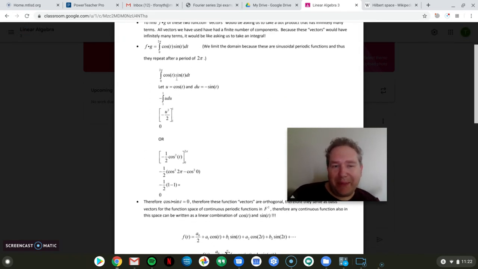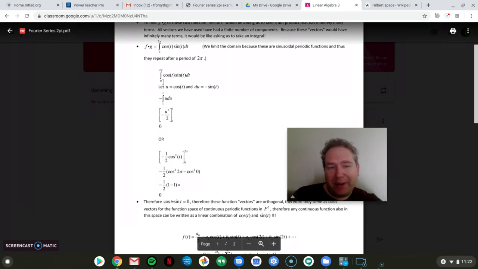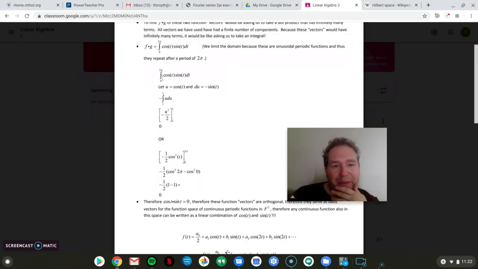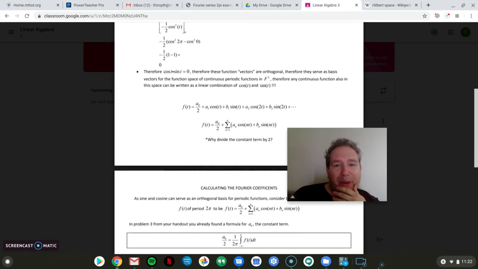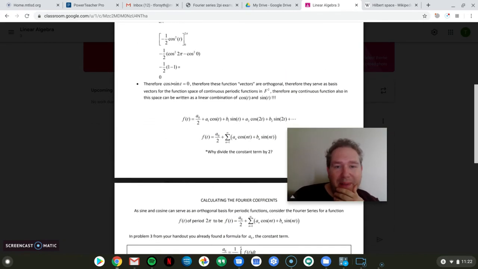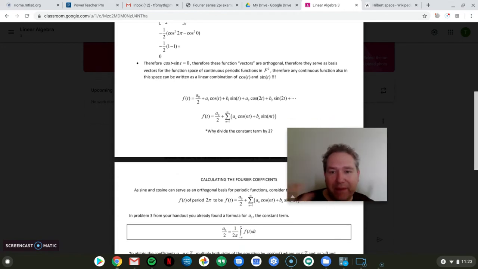This is like a dot product for us, right? We're taking the integral of the product of sine and cosine over all the values from 0 to 2 pi, still infinite, right? And so if you look at that, you've got an orthogonal basis of functions or vectors that will help you to write this.